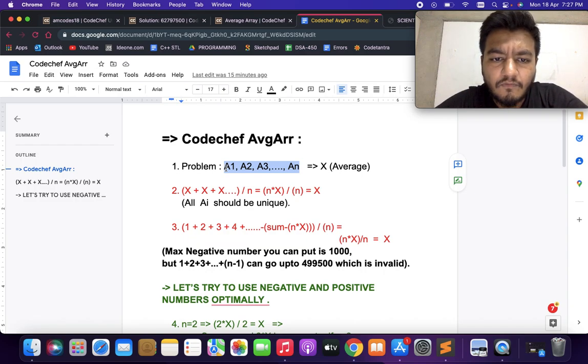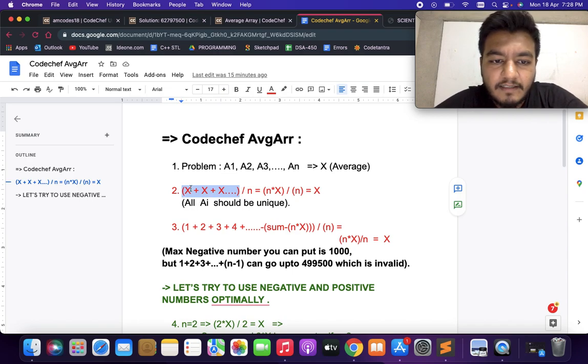So what's the first thing that comes to your mind? What if we assume each of these n numbers as x?